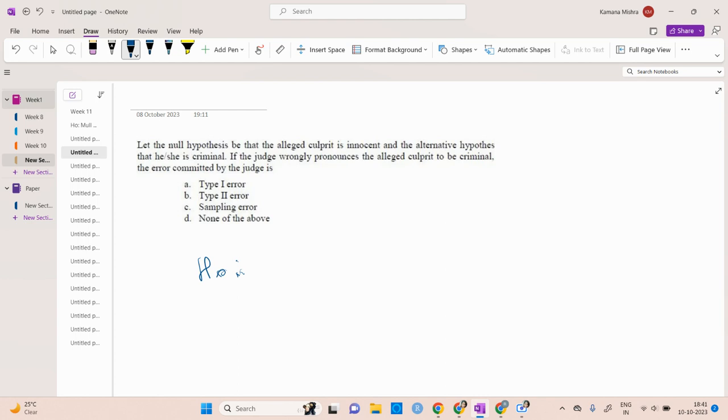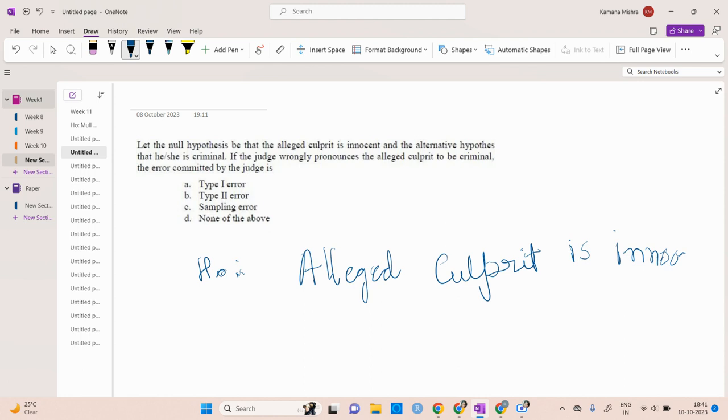You just need to remember what your null hypothesis and alternate hypothesis were. So H naught is that the culprit is innocent, right?